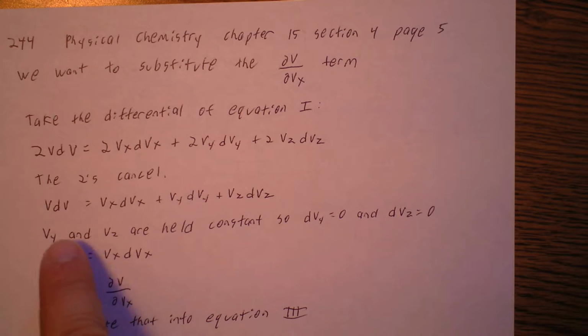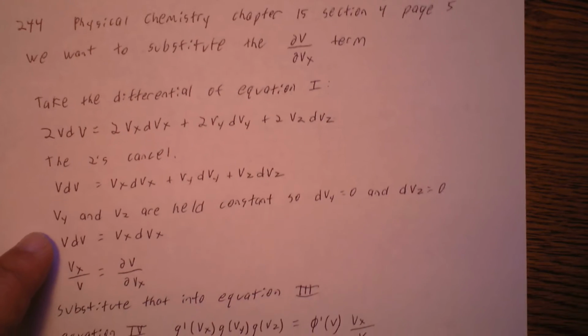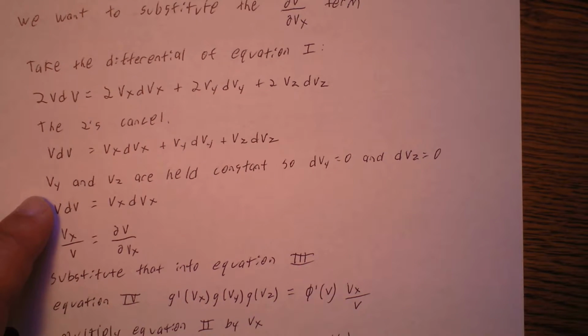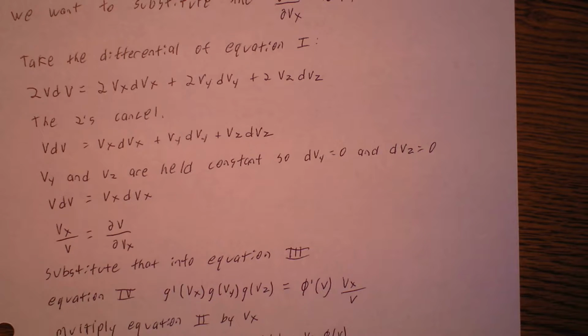Obviously all those 2's cancel out, so we just get v dv is equal to vx dvx plus vy dvy plus vz dvz. Now we're going to hold y and z constant, so their differential is going to be equal to 0. So those terms drop out.